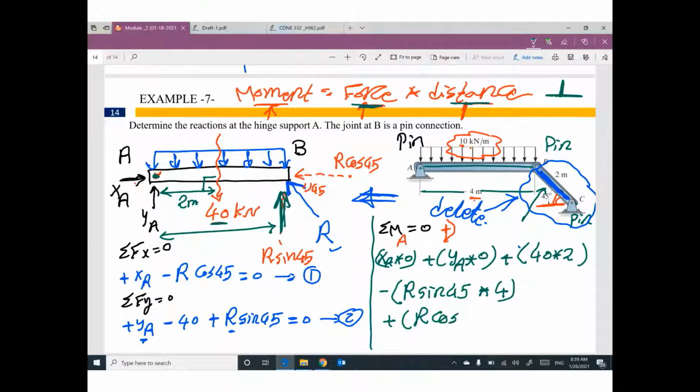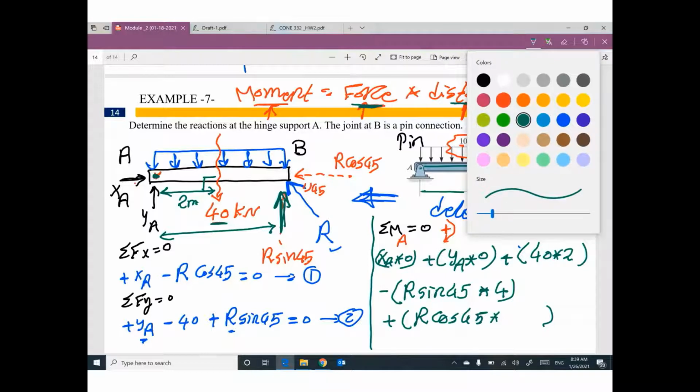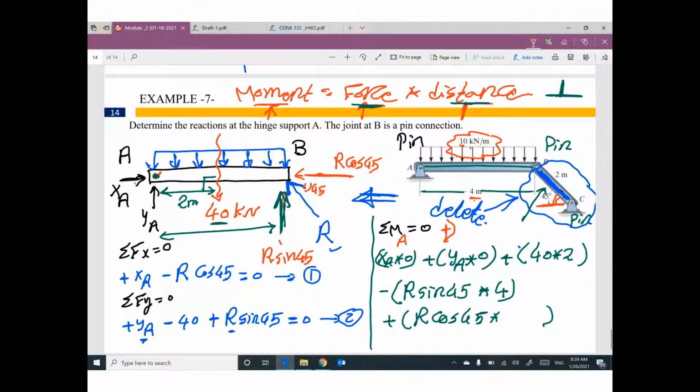R cosine 45 degree. I need someone to give me an answer. What is the distance between this component R cosine 45 degree and the point A? Any answer? What is the distance here?